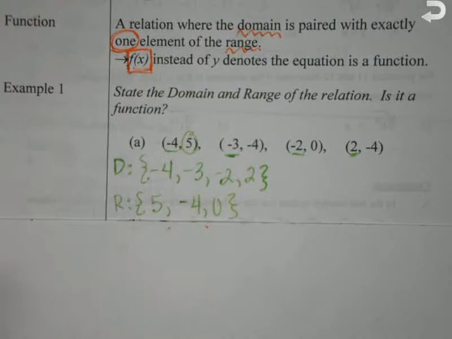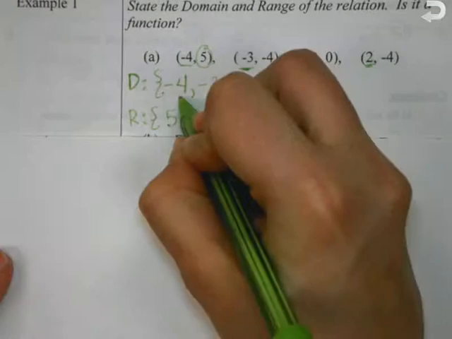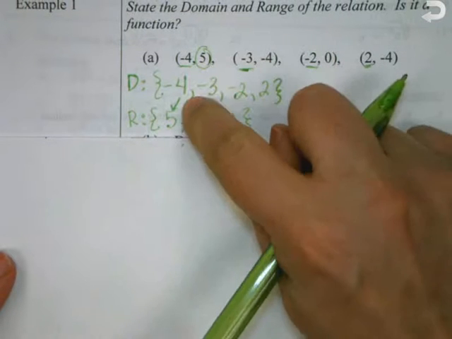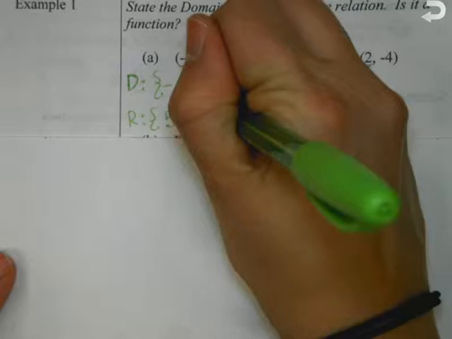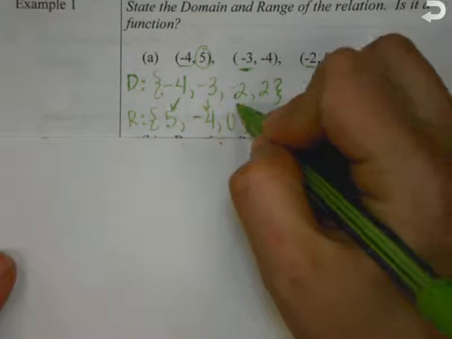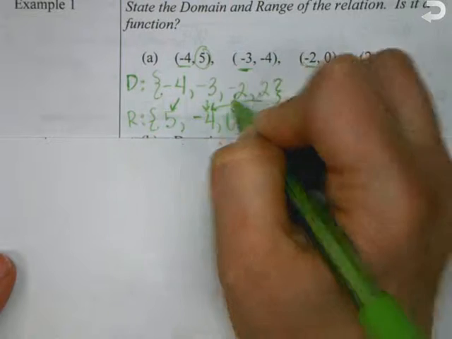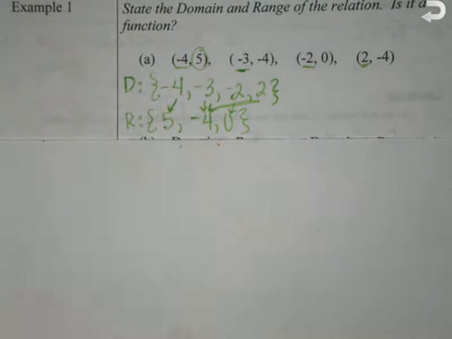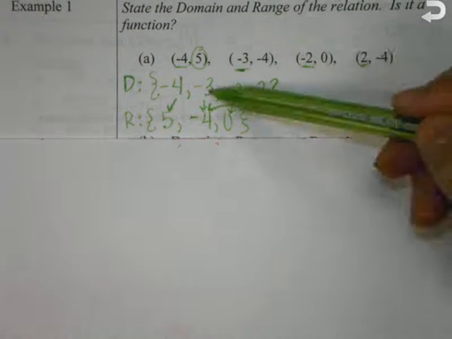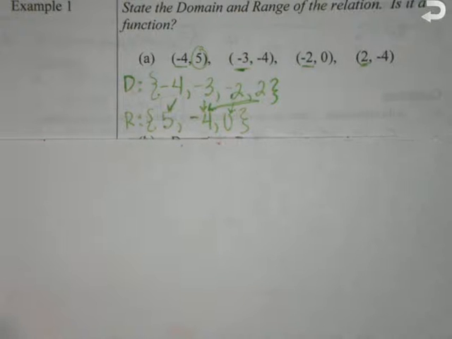So let's look at this again. -4 was paired with 5, right? -3 was paired with -4. -2 was paired with 0, and +2 was also paired with -4. Are any of these x's paired with more than one y? No. -4 has one, -3 has one, -2 has one, and +2 has one. So is this a function? Yes, it is.